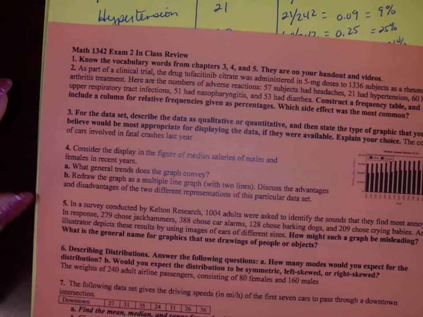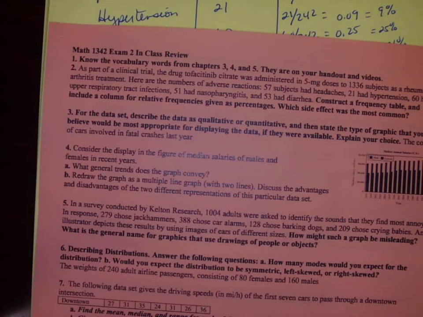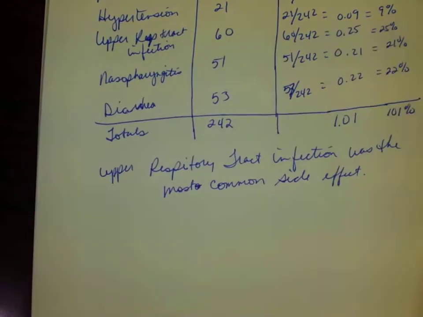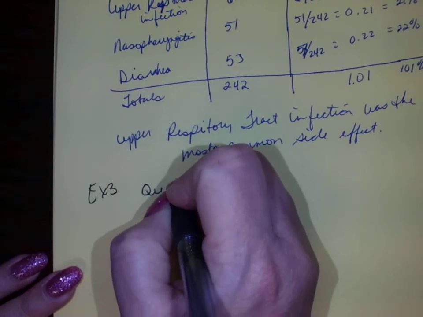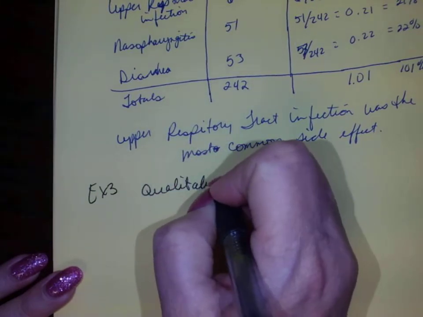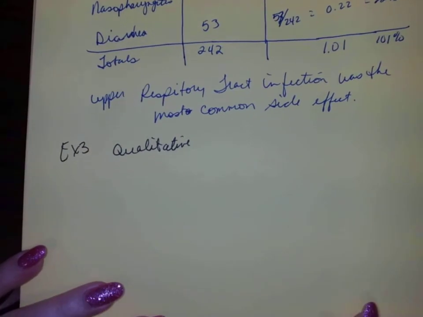So the colors of cars, so if you recall back when we were learning about quantitative and qualitative, the colors of something are going to be qualitative. So first of all, it's a qualitative data set. It means we're looking at the quality, the car color.